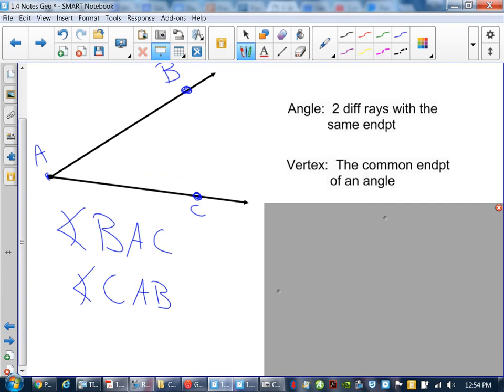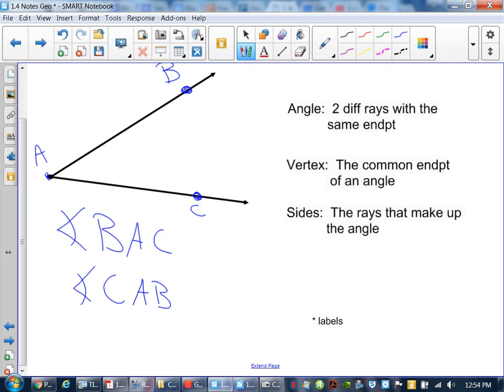The only other part on here is what we call the sides of the angle. The sides of the angle are just the rays that make it up. That's super easy. I don't know if they really defined that back in the day for you guys or not. We just talked about it briefly. It comes into play when we talk about angle addition here in a second.